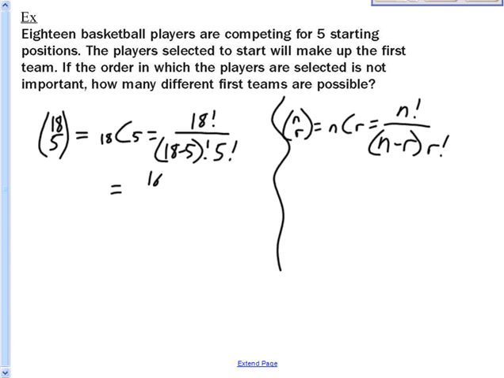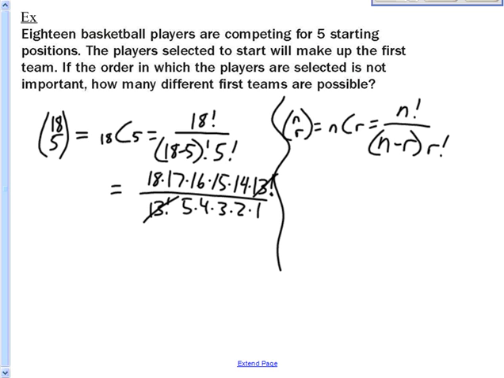So we got 18, 17, 16, 15, 14, 13, and I'm going to stop, because I got 18 minus 5 factorial, 13 factorial right there. And then 5, 4, 3, 2, 1. The 13 factorials will cancel, so this ends up being 18 times 17 times 16 times 15 times 14.